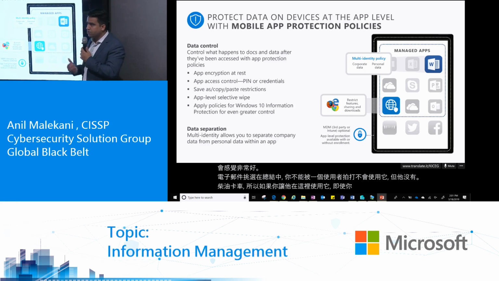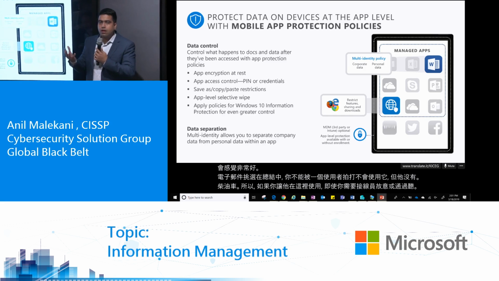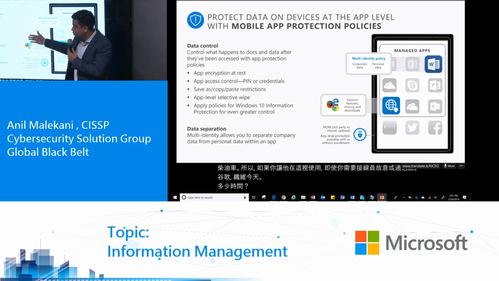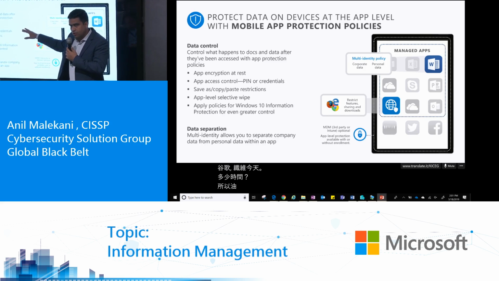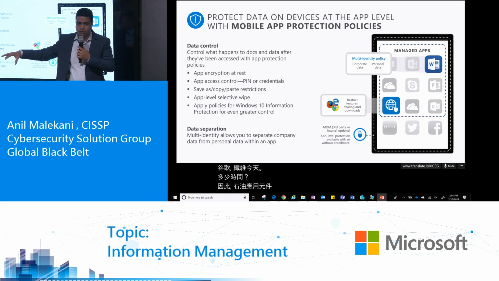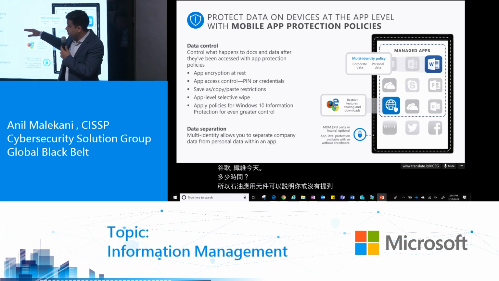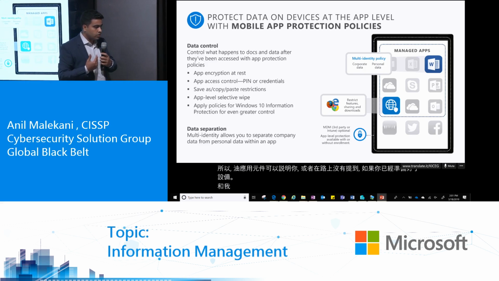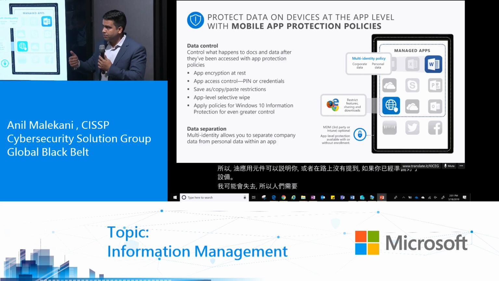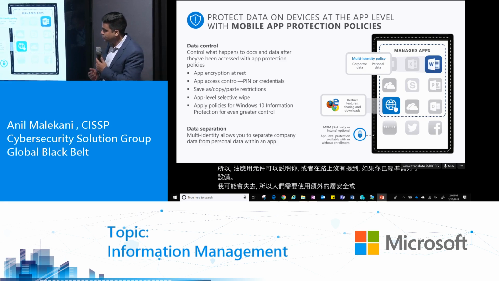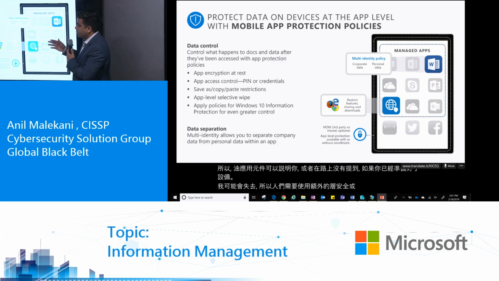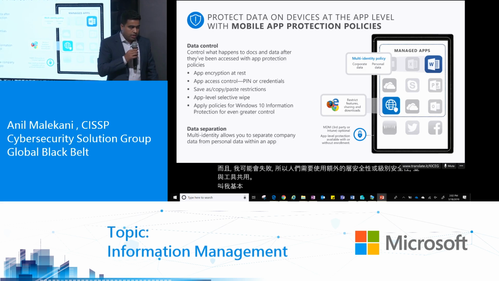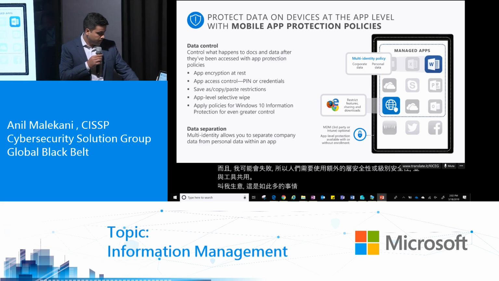So the chances of information leakage are much higher. So the mobile application control helps you put encryption on the data, even when it is on the device, and access controls so that people need to use an additional layer of security before they get into the application, sharing controls, copy-paste restrictions, so most of these things at the application level.